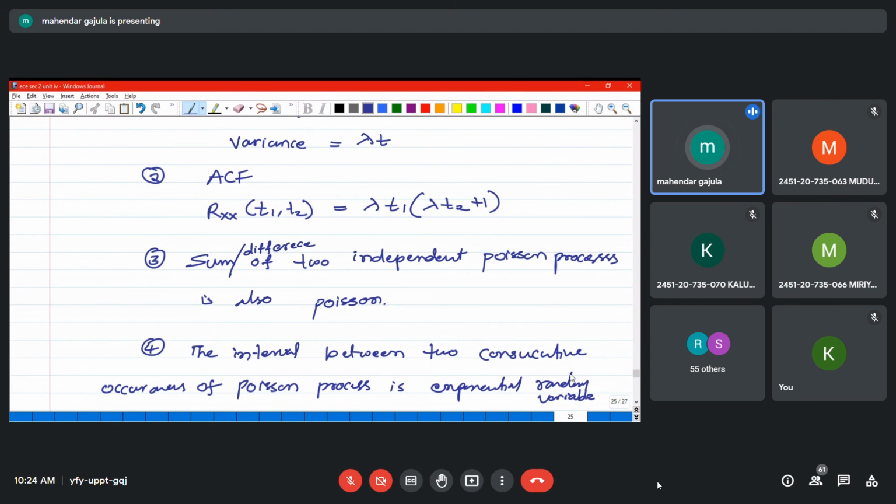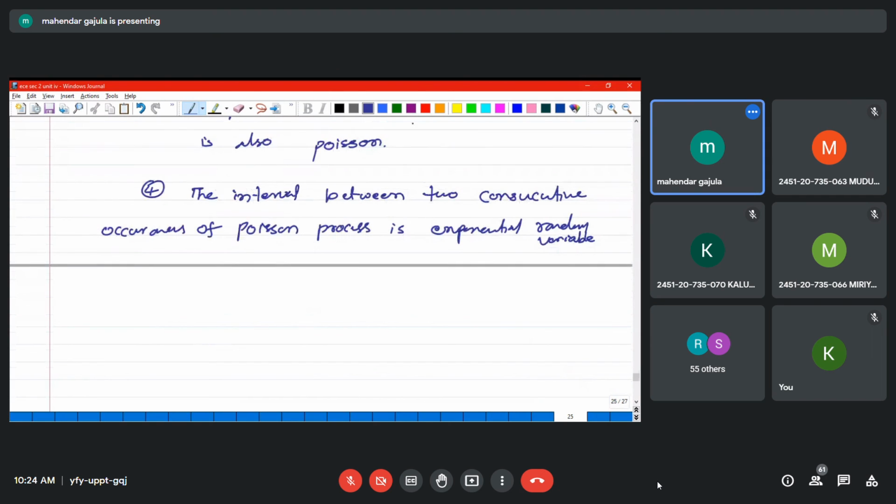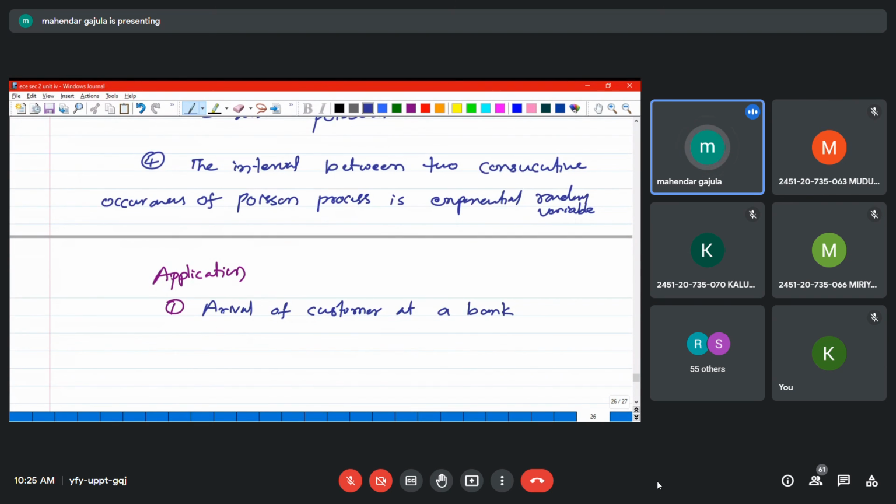So let us write where we apply this. Applications. First application, arrival of customers at a bank, or arrival of buses at the bus stand, arrival of trains at a railway station, arrival of flights.